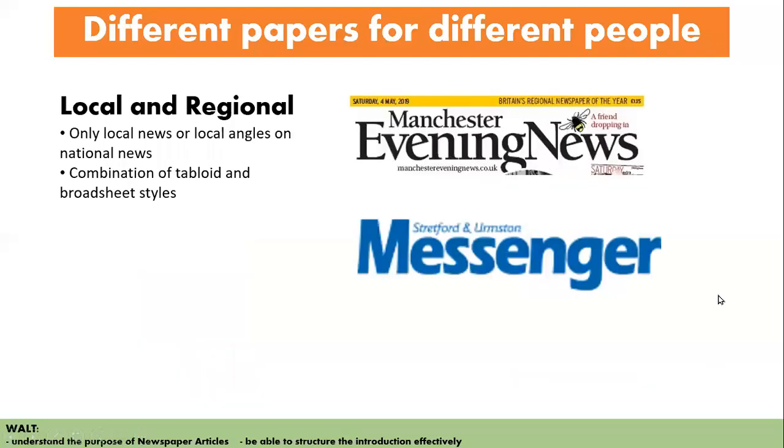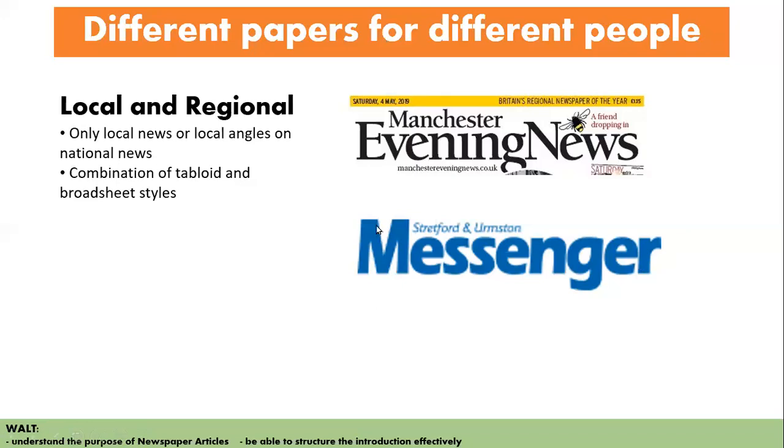We also have another type of newspaper that you might see either physically or online, and those are local newspapers. So these deal with, for example, the Manchester Evening News, the whole of the Greater Manchester area. You'll notice next to the little B here, it says a friend dropping in, suggesting that this is something that's local and more friendly. We'll have powerful information and news from the local area, but there'll be more real life stories that might help to create a sense of community.